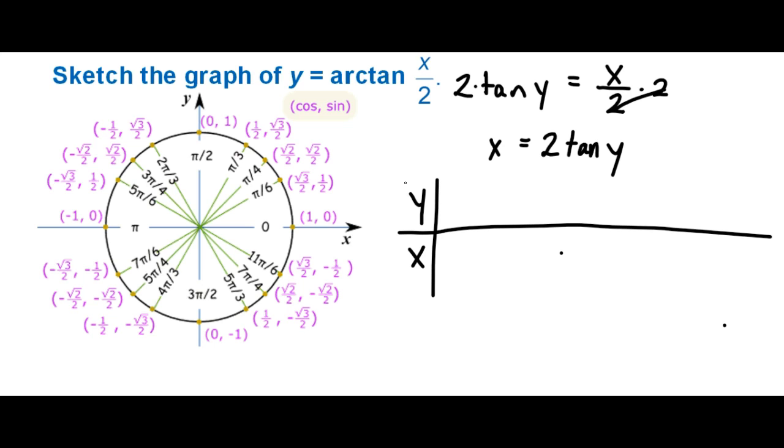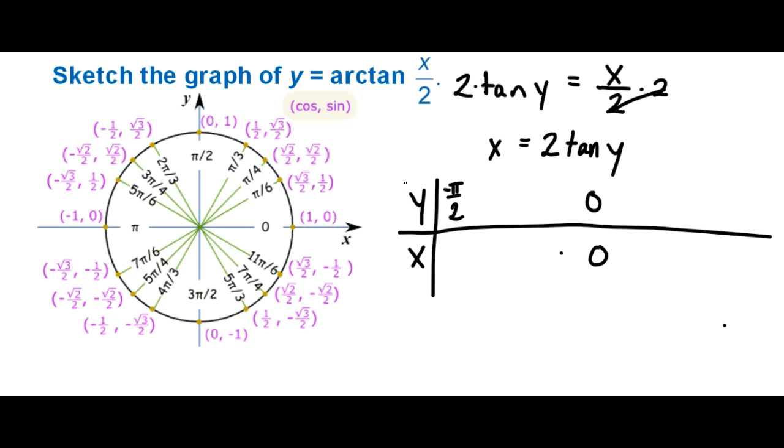We know that, let's see, if I put 0 in for y, then I would get 0 out for x because tangent of y is 0. Let's try something like negative pi over 2.